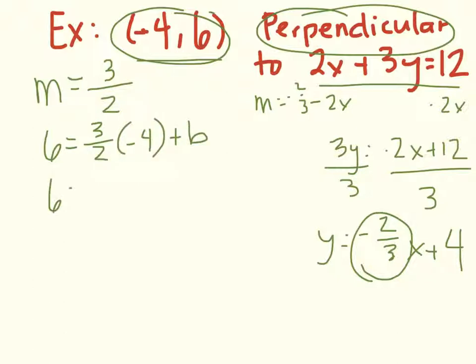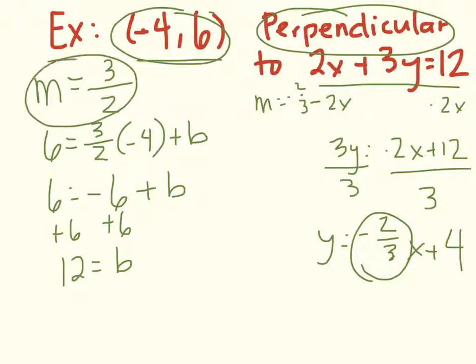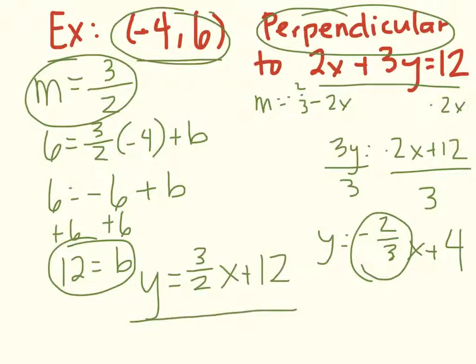Now I have 6 equals 3/2 times 4, which is 6, plus b... and so I get 6 equals -6 plus b. Add 6 to both sides, 12 equals b. Now I have my slope, I have my y-intercept. My equation is y equals 3/2 x plus 12, and there's my final answer.